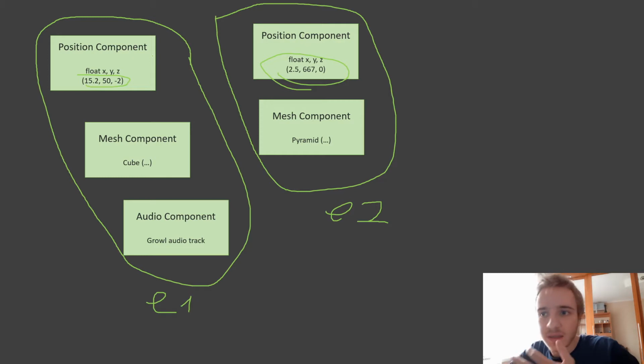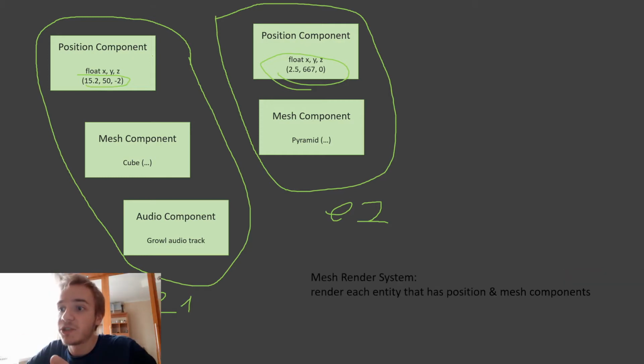And a system, for example, a mesh render system, renders each entity that has position and mesh components. So the mesh rendering system is gonna check if, for example, entity 3, we don't know what that is, but let's say entity 3 is just an ambient sound. It's placed somewhere, it has a position component and an audio component.